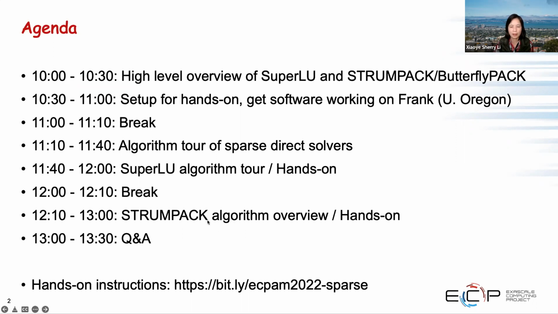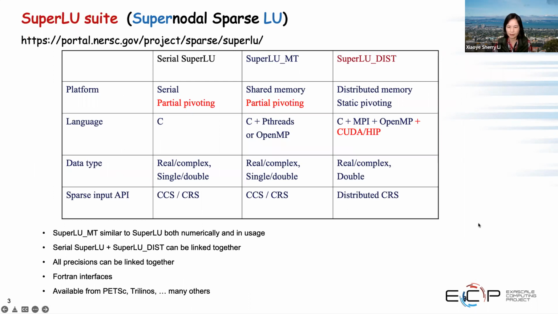STRUMPACK has a lot more functionality, so we want to spend a little more time on that. The hands-on instructions are in this folder. Since it's a long tutorial, a long session, there is a break at least every half an hour. So if you need to deal with something else, feel free to step away.